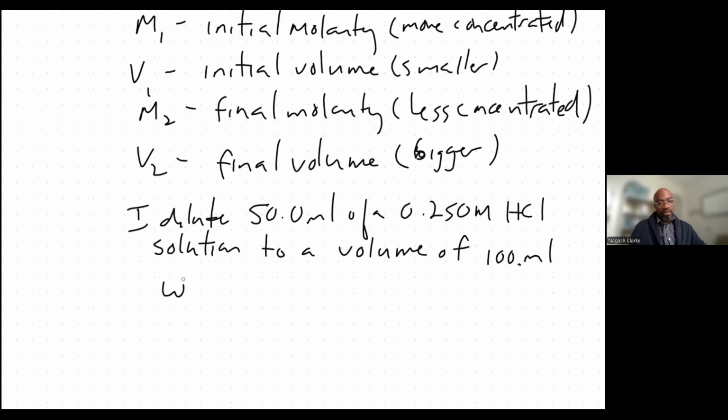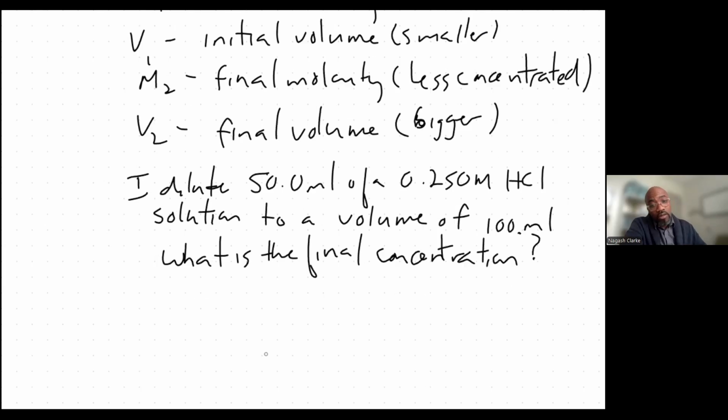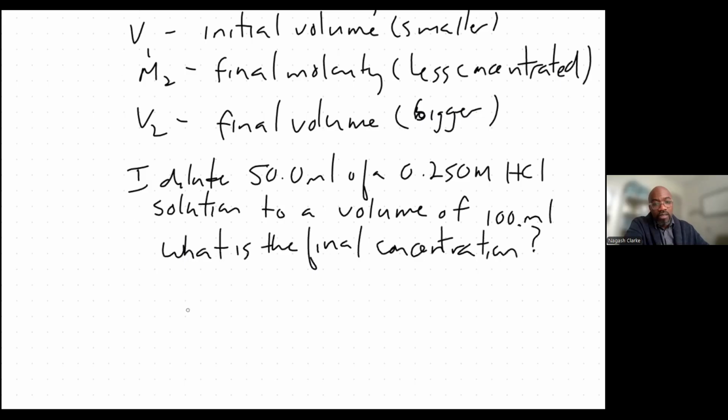What is the final concentration? In other words, what's the final molarity? I'm going to use a different color here. This is M1, this is V1, this is V2.